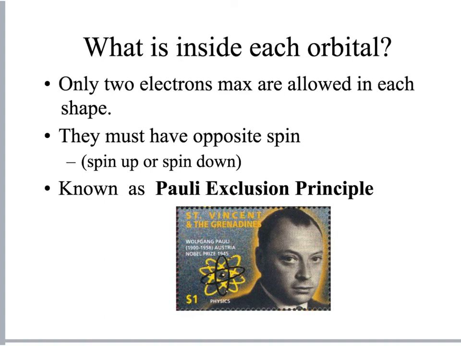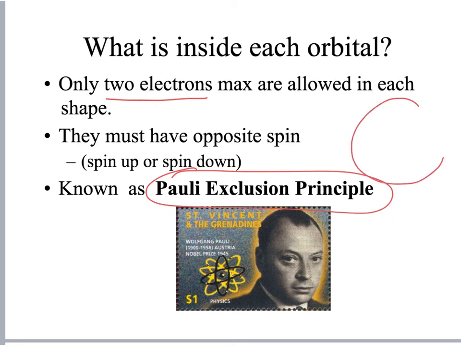We do want to remind you, though, as I've been saying throughout, that only 2 electrons can fit in each shape, or each of the individual orbitals, okay? The reason is called the Pauli exclusion principle. We say that electrons, because like charges repel, don't want to be near each other.